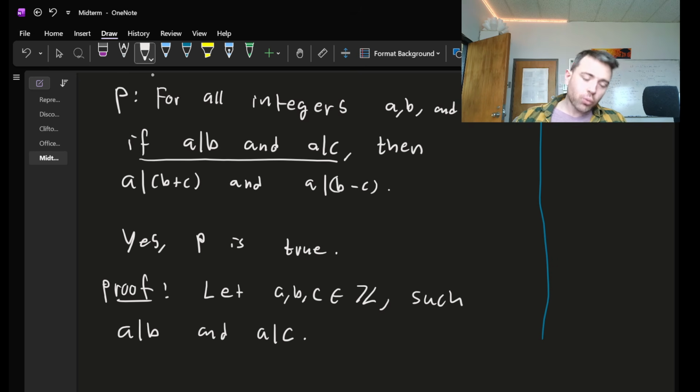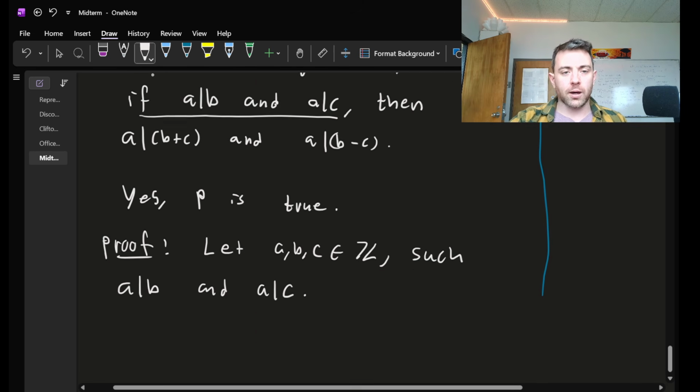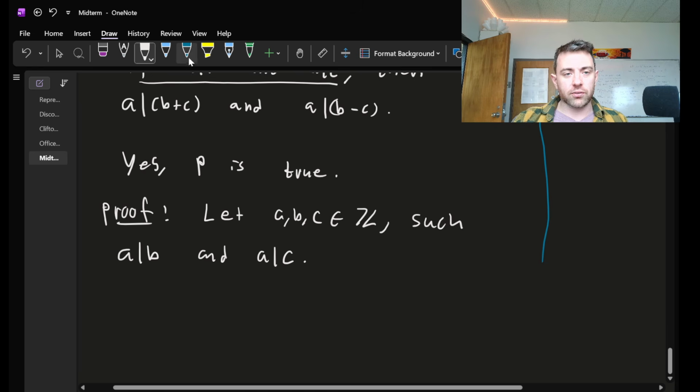However, since we're assuming that A divides B and A divides C, it's baked into the definition that A is not equal to 0. But we won't actually have to get into those technical details here.